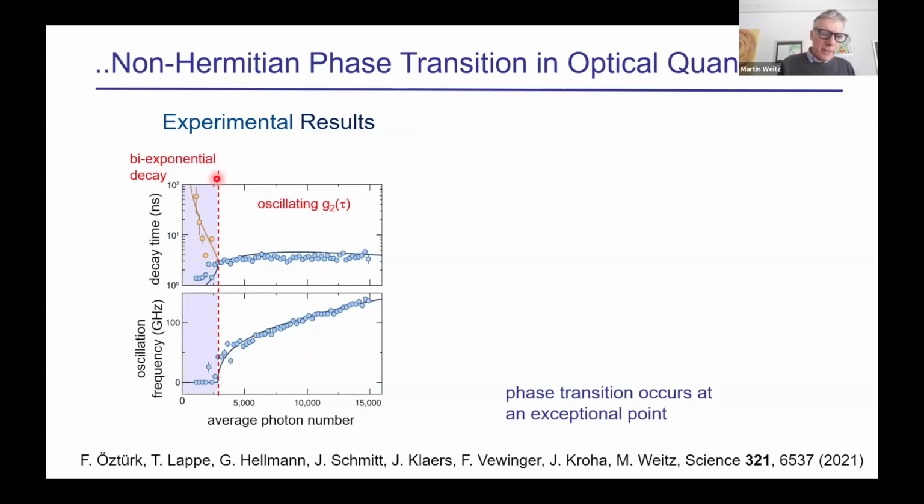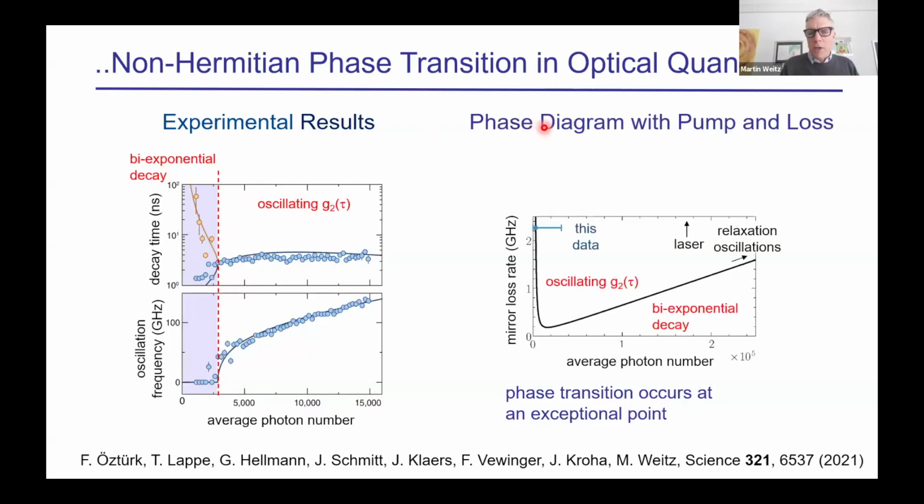And here is the exceptional point at the vertical red dashed lines. Above this exceptional point, we see a non-vanishing oscillation frequency. And we attribute this as evidence for a non-Hermitian phase transition between this bi-exponential and the oscillating phase that occurs at this exceptional point.